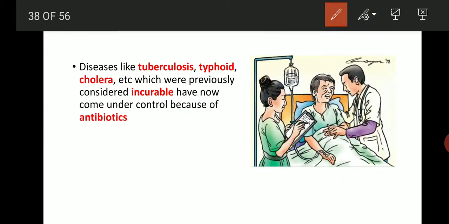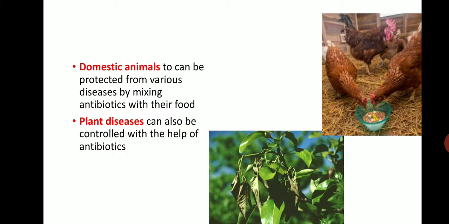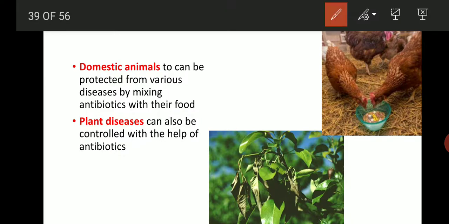Diseases like tuberculosis, typhoid, cholera, etc., which were previously considered incurable, have now come under control because of antibiotics. Domestic animals too can be protected from various diseases by mixing antibiotics with their food.